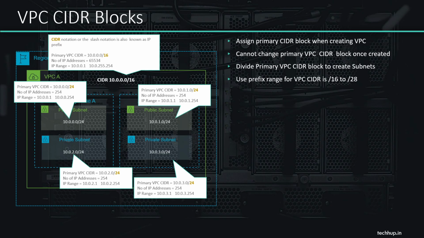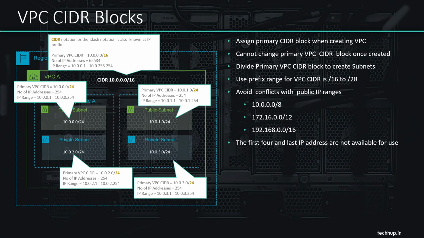Although you can specify any valid IP range for your VPC CIDR, it is to be noted that you should avoid conflict with the public IP ranges listed below.